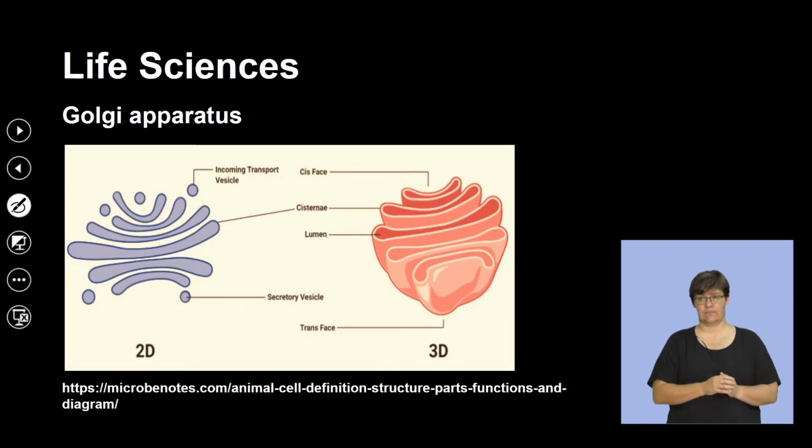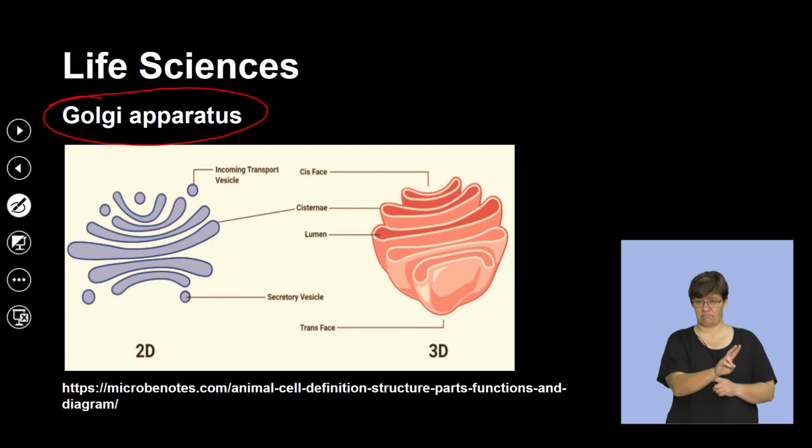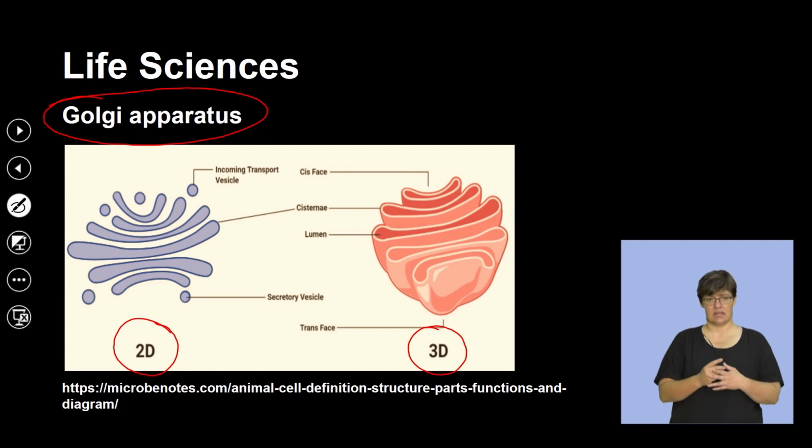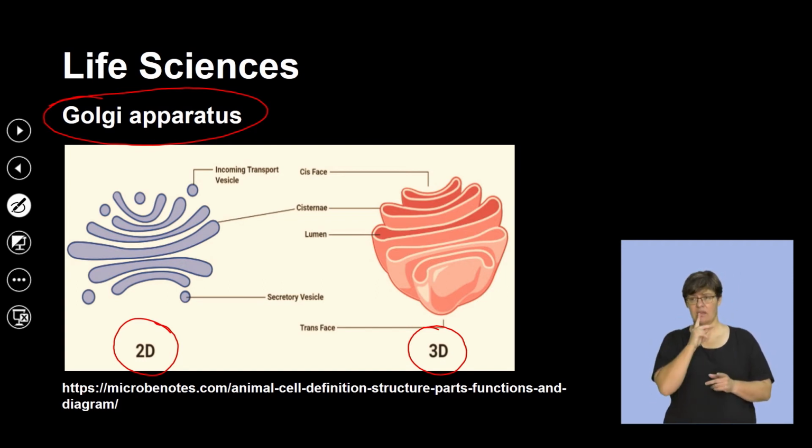We're going to race on to the Golgi apparatus, and here is an illustration of a two-dimensional image as well as a three-dimensional image of how these would appear in the cytoplasm. So these are folded membranous structures which produce vesicles that bud off at the ends, and these vesicles contain important enzymes or secretions that are important in the functioning of the cell.